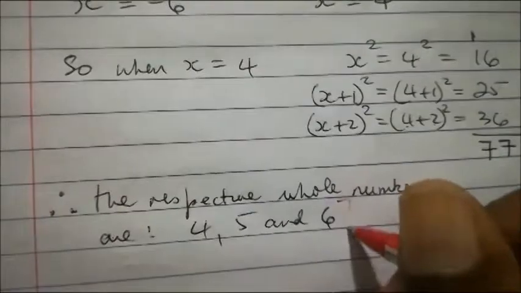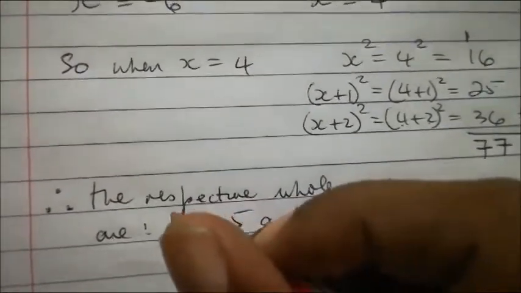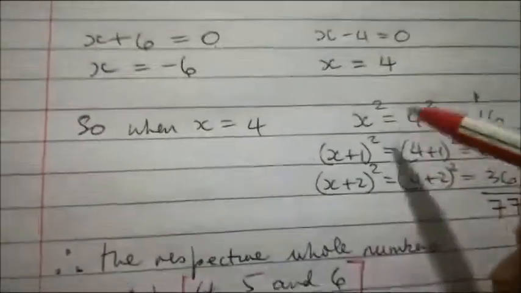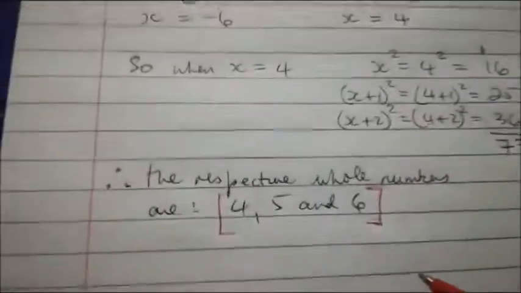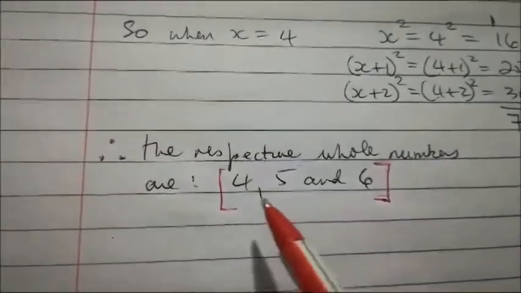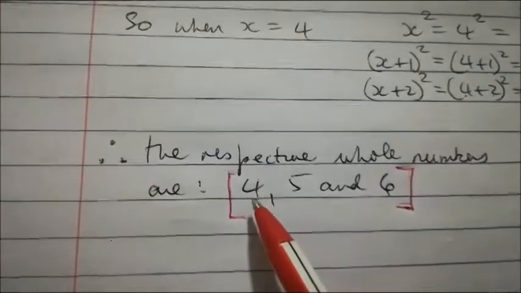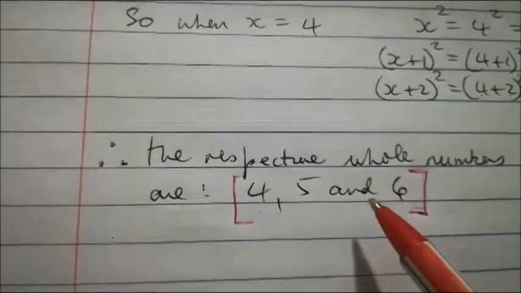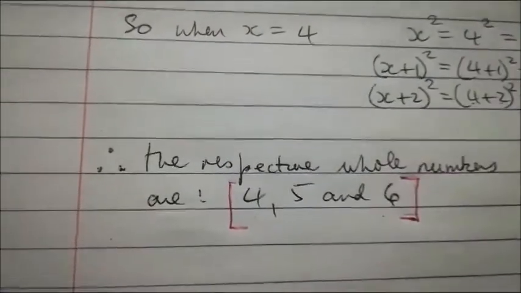So these are the numbers that they want. We won't use a negative 6 to determine the numbers, because when you plug the negative 6 into the respective brackets, you're going to end up getting negative numbers, and negative numbers are not whole numbers. So the set of numbers that they're really looking for is 4, 5, and 6. You remember that whole numbers are numbers when you add a 0 to the counting numbers.